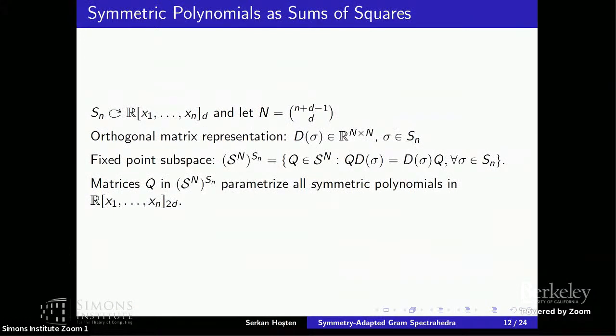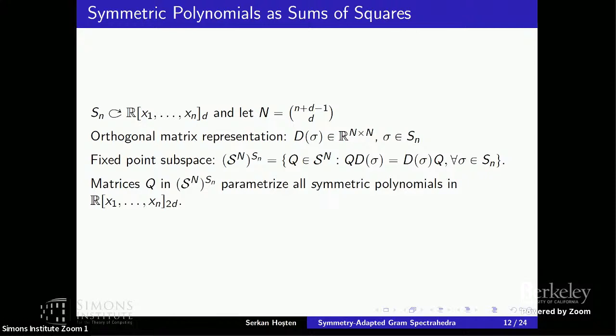This workshop is about optimization and symmetry. So what I'm going to do now is take this, which could be any group really, but I'm going to do this for the symmetric group only. The symmetric group acts on the polynomial ring in n variables of degree d by permuting the indices of the variables.